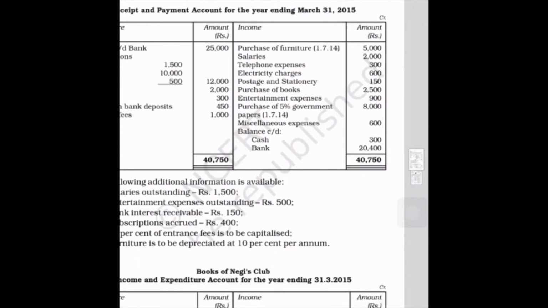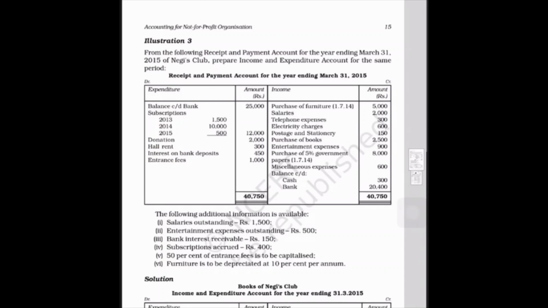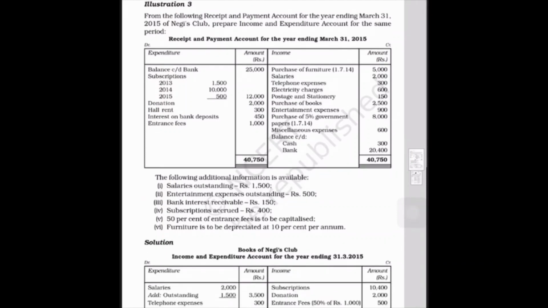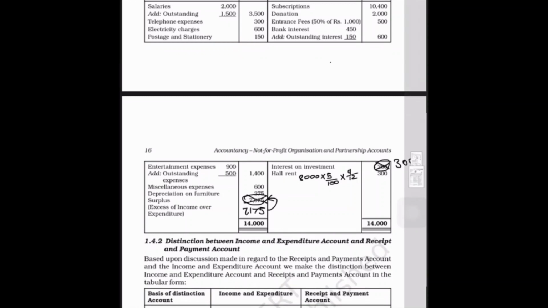It should also be shown in the credit side of income and expenditure account. So for how many months we have to calculate? Actually we purchased on 1/7/2014. So July, August, September, October, November, December, January, February, March. For 9 months at 5% interest we have to calculate.